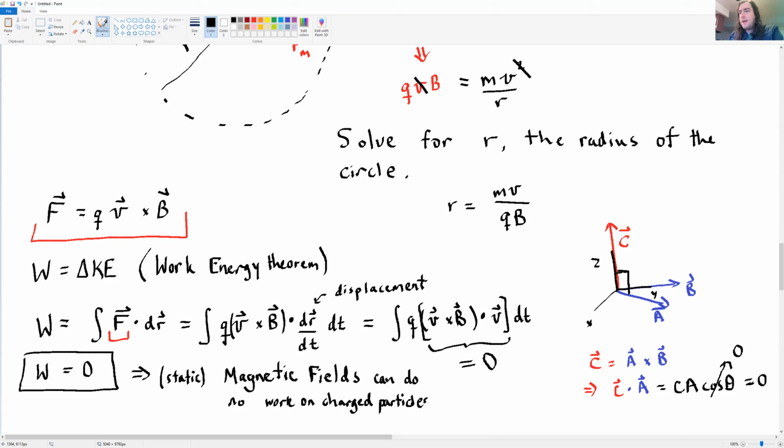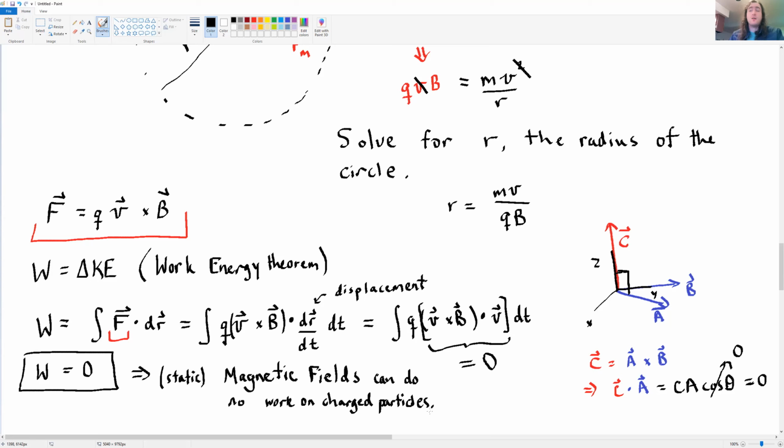Once we have time-changing magnetic fields, those cause electric fields. So you could take the viewpoint that time-changing magnetic fields can do work on charged particles, but it's really the electric field that does the work. The time-changing magnetic field creates an electric field, and then it's that electric field that does the work. If you want to take that viewpoint, that's fine.